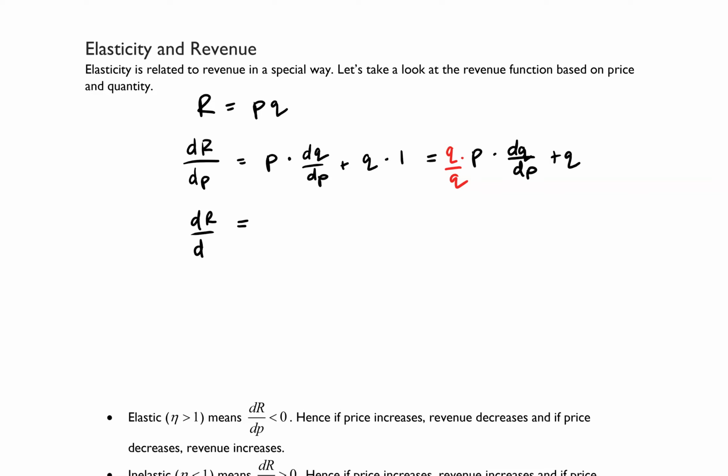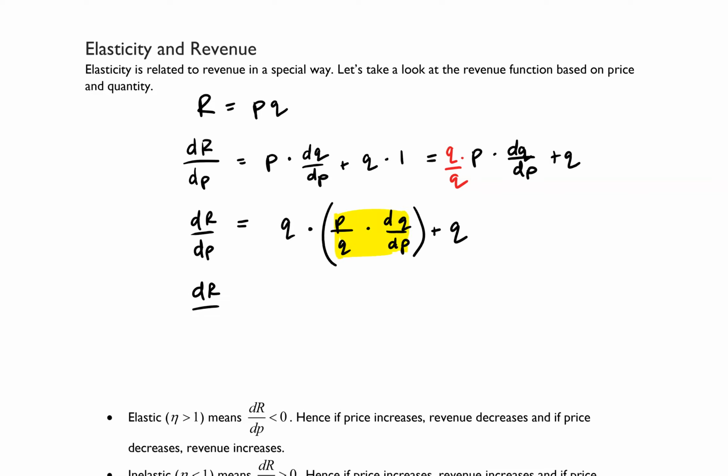So dr/dp is equal to q times p over q times dq/dp plus q. Now, this thing here should look kind of familiar, and it's almost exactly the value of eta, but it's missing a negative sign. And so this thing here is the same as negative eta.